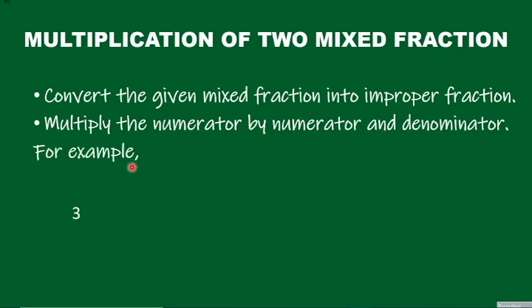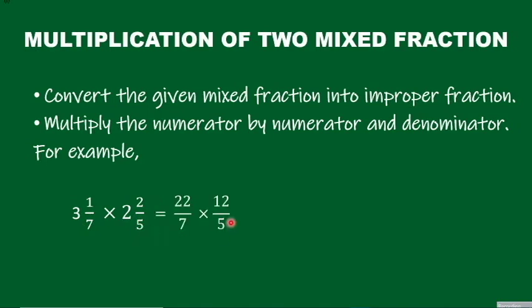Let's take an example. Here I have the fraction 3 whole 1 by 7 multiplied by 2 whole 2 by 5. What we need to do first is convert both mixed fractions into improper fractions. If we convert this into an improper fraction, what will you get? Yes, 7 times 3 is 21 plus 1, 22 upon 7, and here 5 times 2 is 10 plus 2, 12 upon 5.